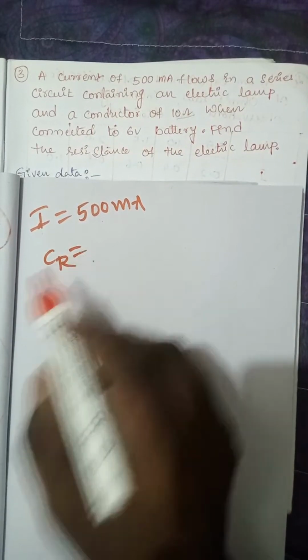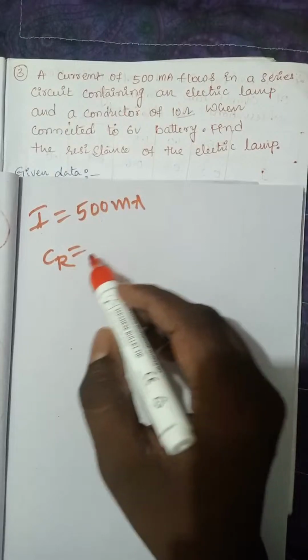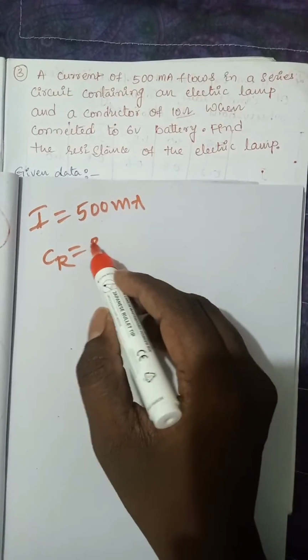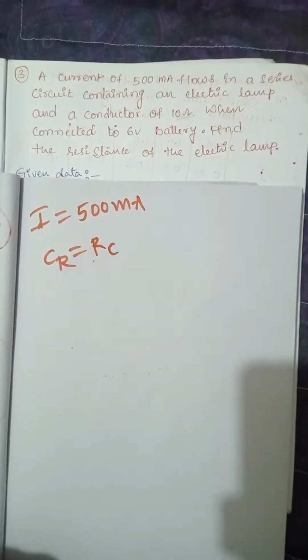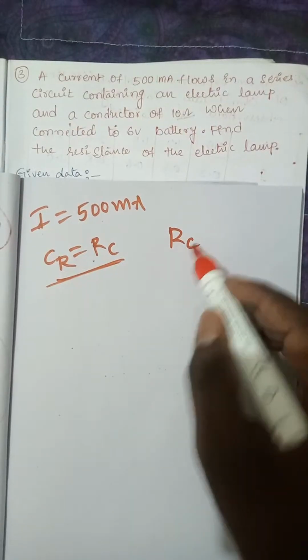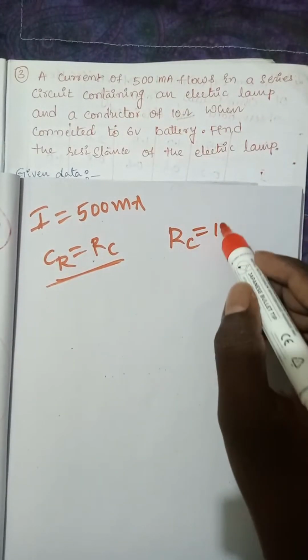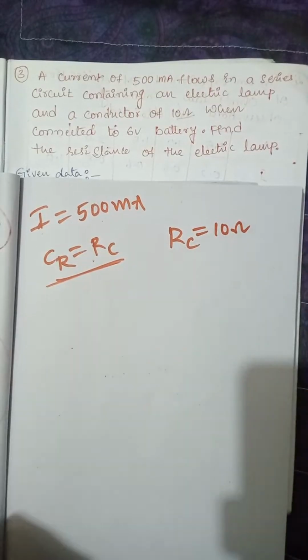I am taking RC, the resistance of the conductor. This is your wish, you can take anything. How much is the resistance of the conductor given? 10 ohm.